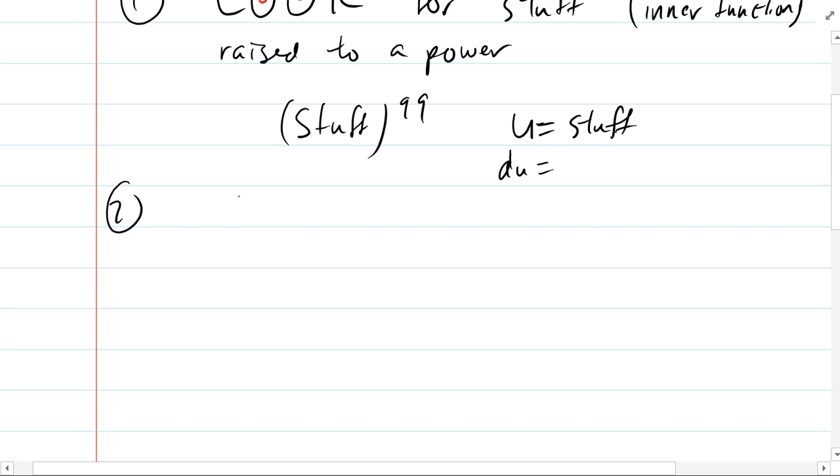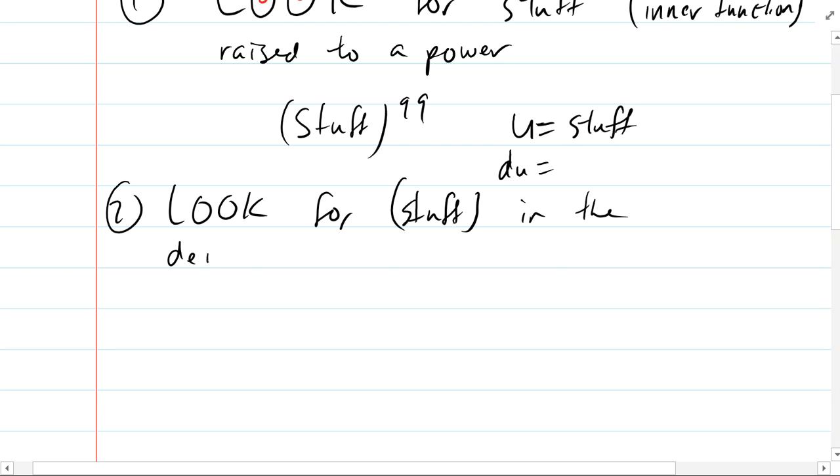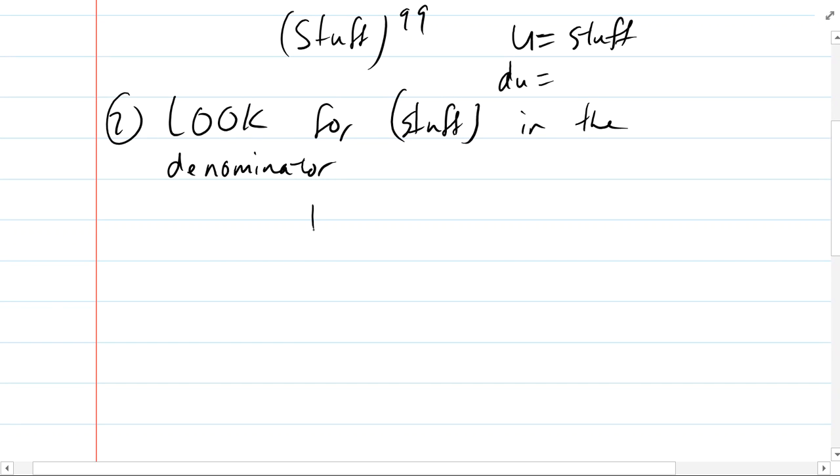Next, the first thing you're always looking for is something raised to a power. Actually, you're always looking for stuff in the denominator. I should write that right now. Look for stuff in the denominator. If the most complicated thing there is in the denominator, that's the u. So if you have 1 over stuff, it's going to go to 1 over u, and you're probably going to integrate and get natural log of something, aren't you?